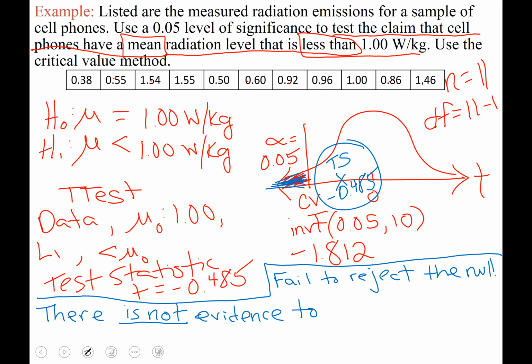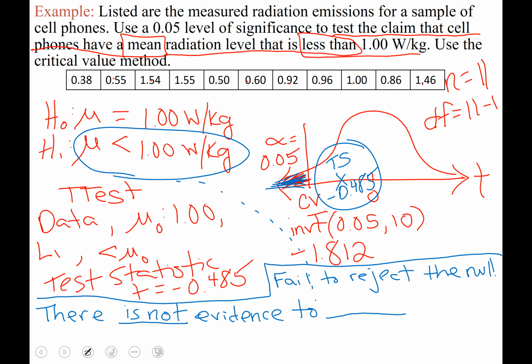Blank number 2, the second blank. Here we have to make a decision. We have to write the word "support" or we have to write the word "reject." It is very tempting to think that this blank right here depends somehow on our fail to reject the null hypothesis or reject the null hypothesis decision, but it does not. This blank depends on the original claim.